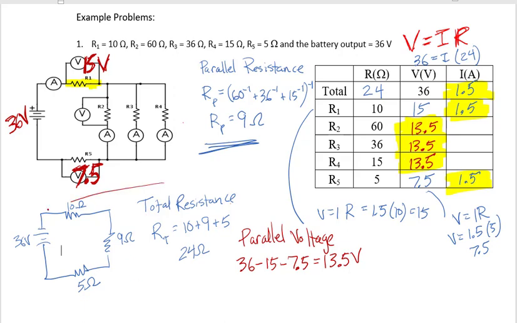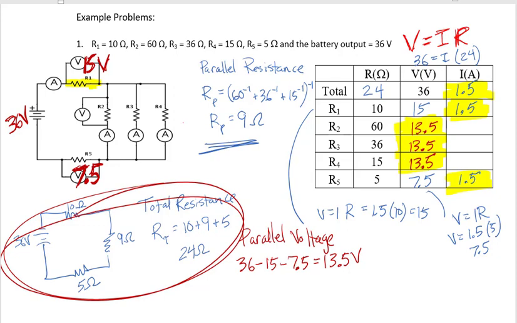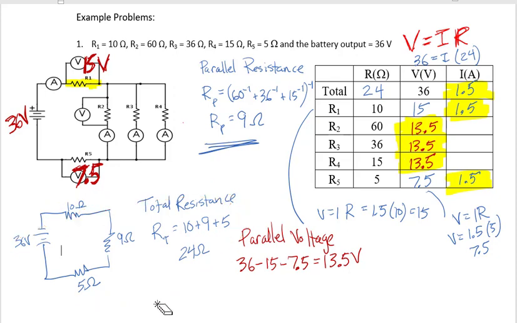There is another way to figure out that 13.5, and that's to go over to this part down here and look at the fact that our equivalent resistance for the parallel portion was the 9 ohms right there.